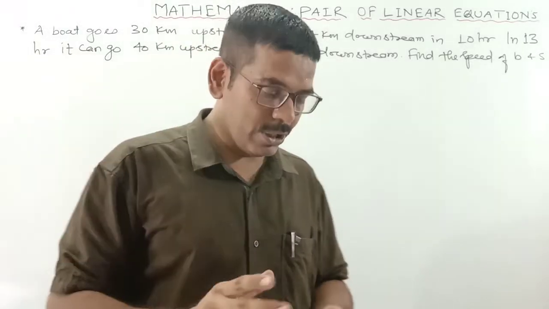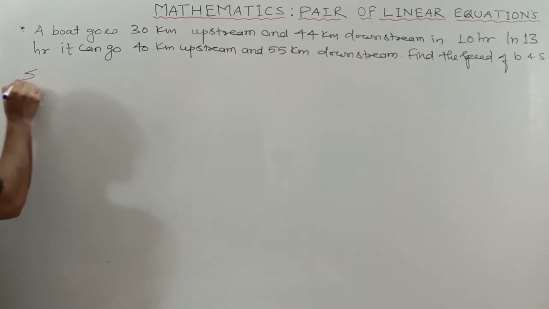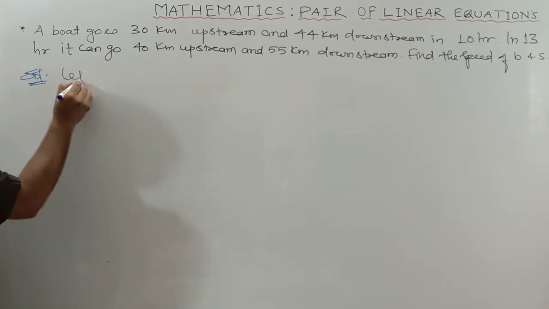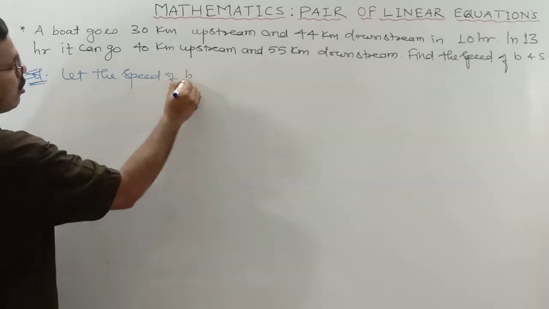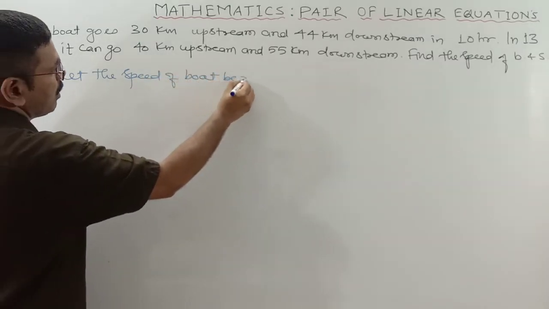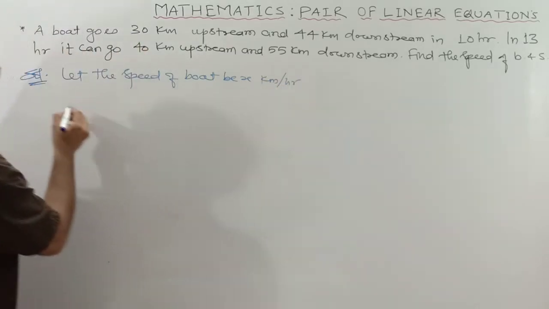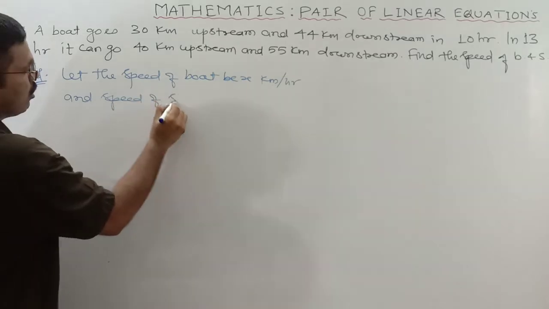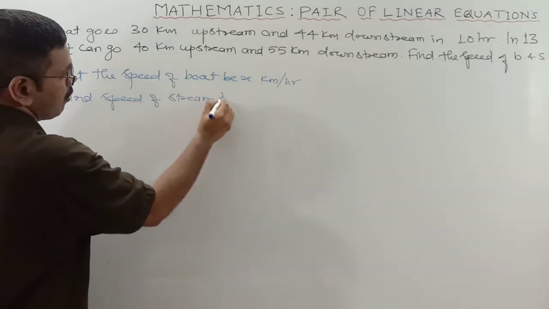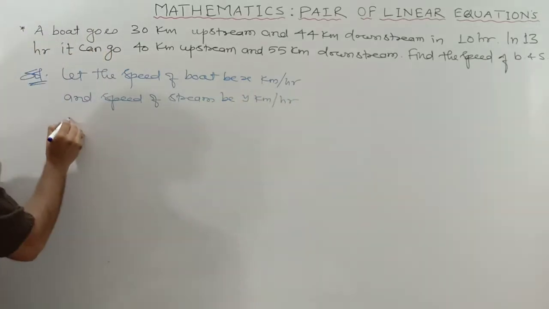So we need to know exactly. See, the very first part is the assumption, the solution. Let the speed of boat be x kilometer per hour and speed of stream be y kilometer per hour.